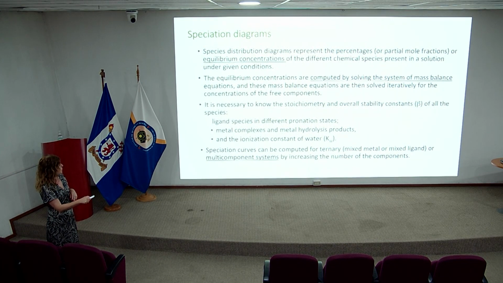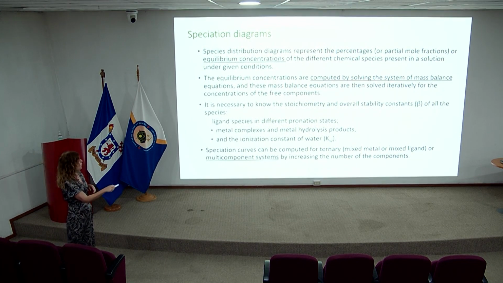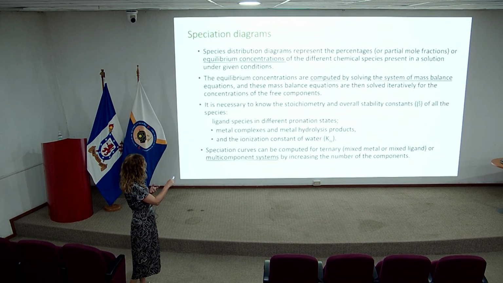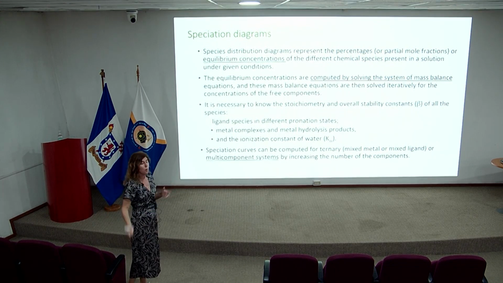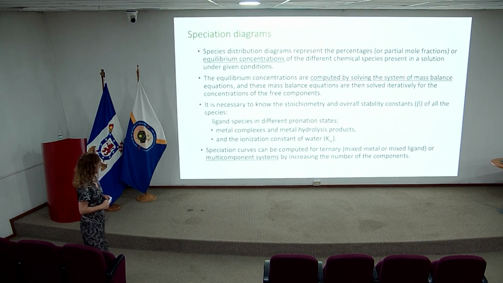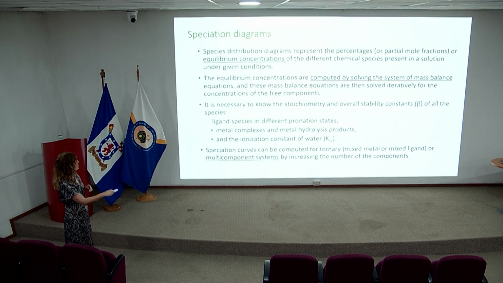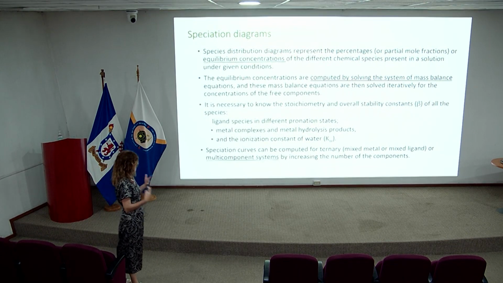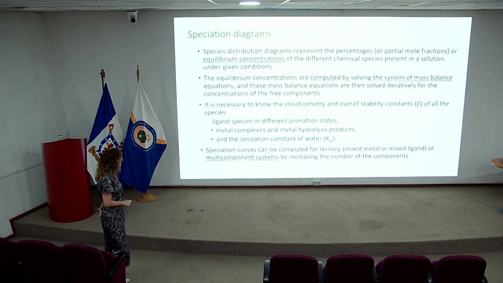As I've told you, they represent a percentage or mole fractions. You can represent them in both ways, of equilibrium concentrations of different chemical species. These equilibrium concentrations can be computed by solving the mass balance equations for all the species.